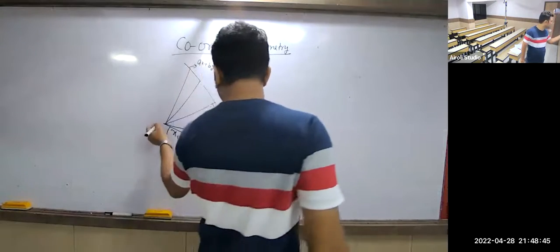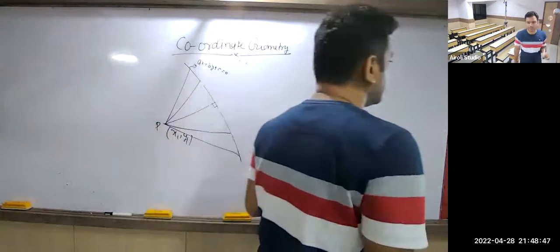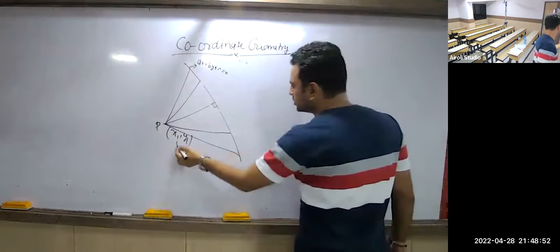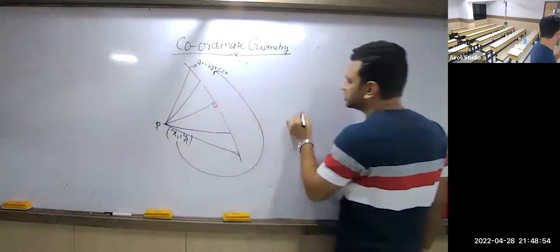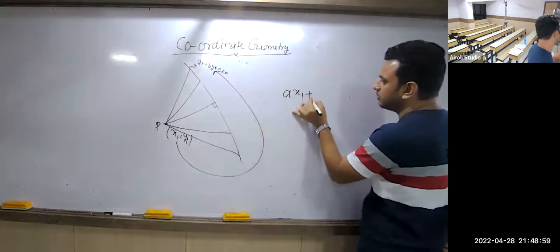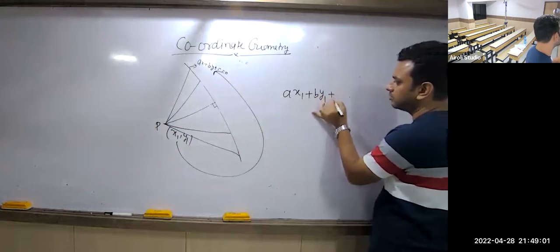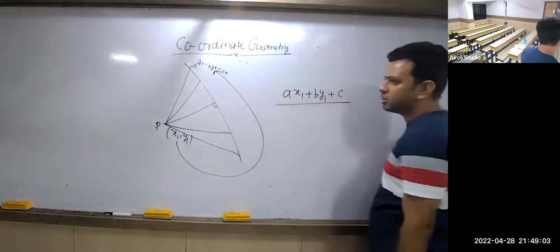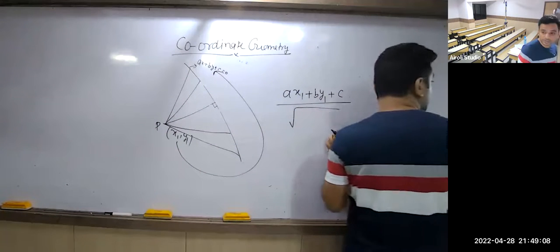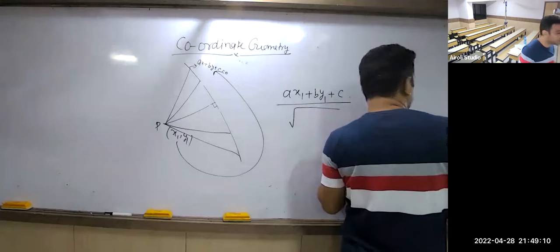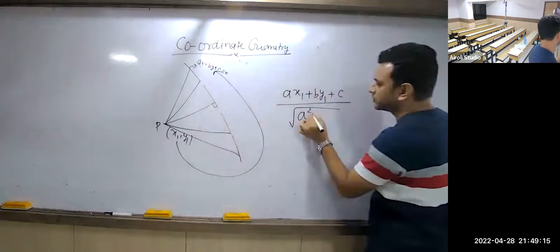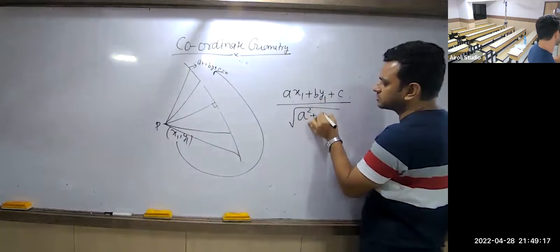So for this we have a formula, the distance between a point and a given line. You directly put the point into the line. So this will become a times x1 plus b times y1 plus c, upon the square root of the sum of the squares of the coefficients of x and y, that is a square plus b square.